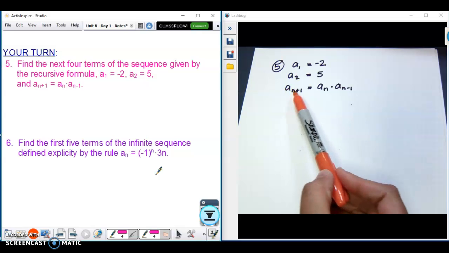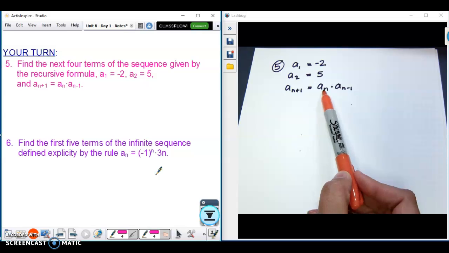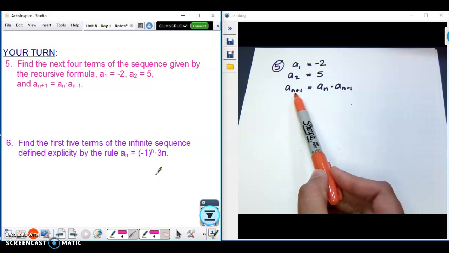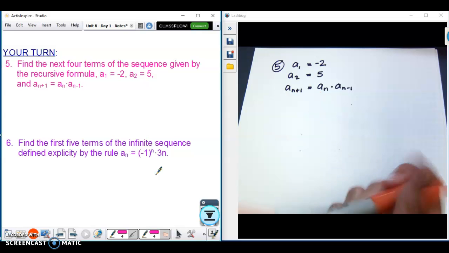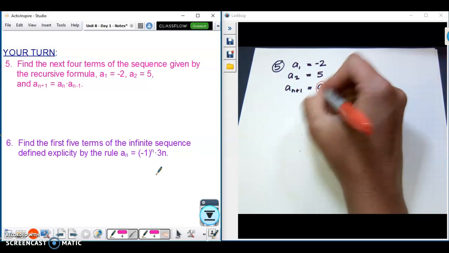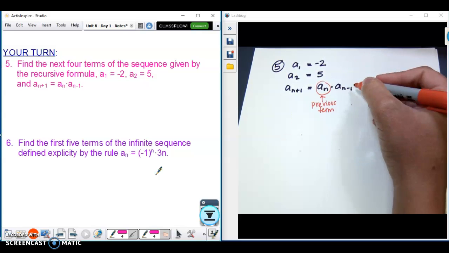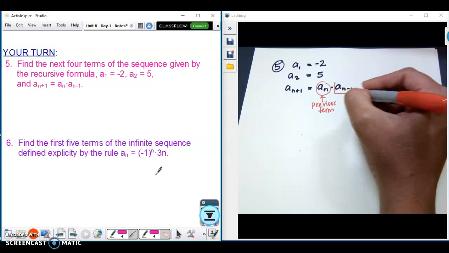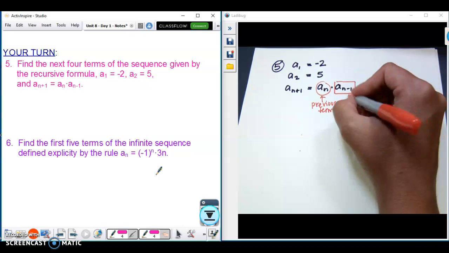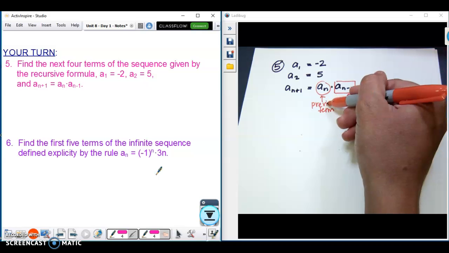So this is A sub n plus 1. Well, if this is A sub n, that means A sub n is the previous term right before A sub n plus 1. Well then, what in the world does A sub n minus 1 mean? Well, A sub n minus 1 would be the previous term of the previous term.